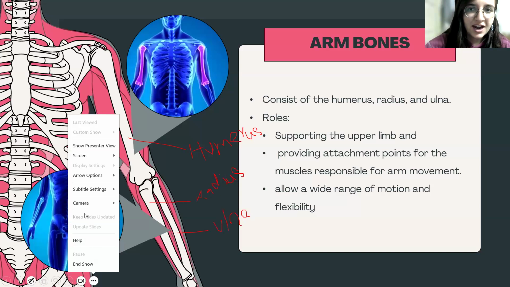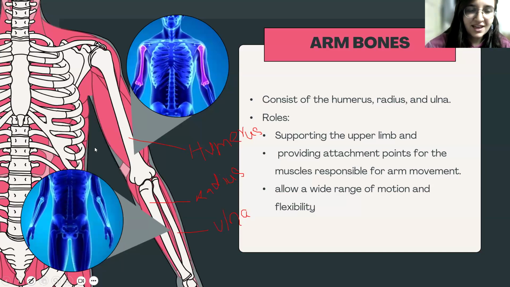Okay, so the arm bones, these three are the main ones that you should remember: the humerus, the radius, and the ulna. And again, other than providing the structural support, which all the bones in the body provide, they also give us the flexibility to move our arms in a more precise manner.